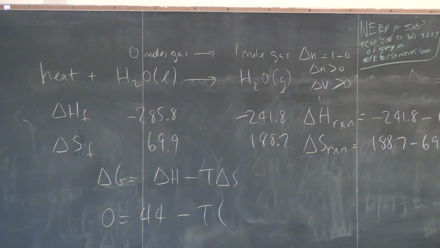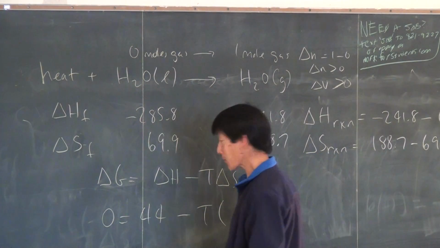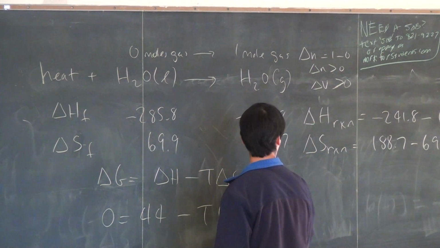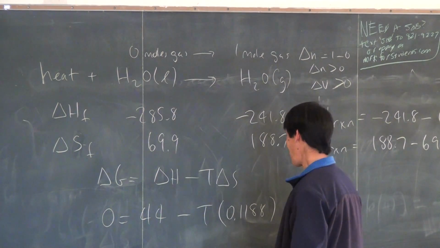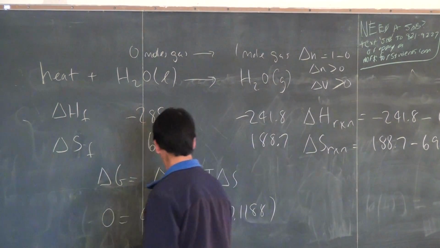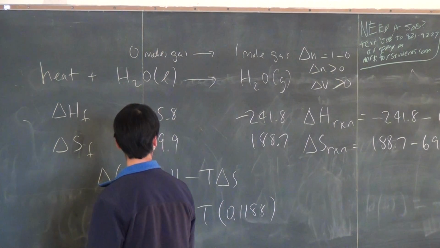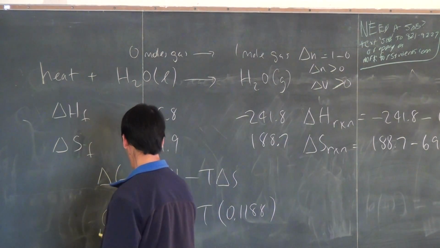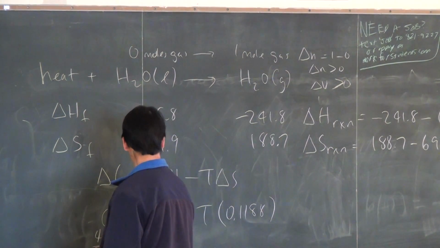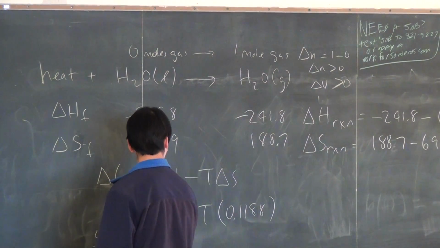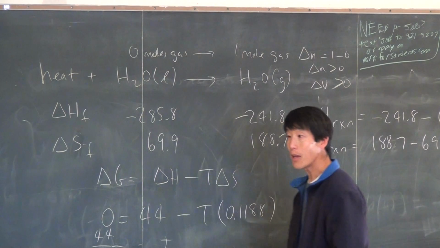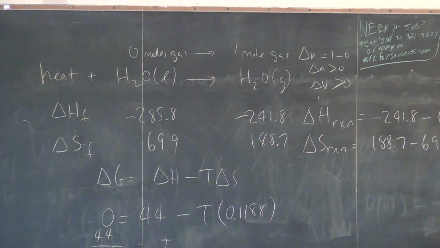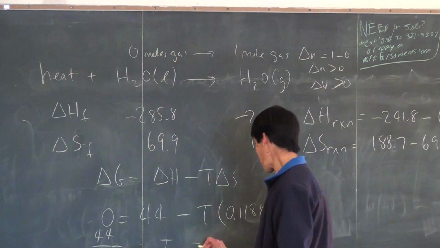So delta S is 0.1188, and we solve for T. T is equal to 44 divided by 0.1188, and that's equal to 370.4. 370.